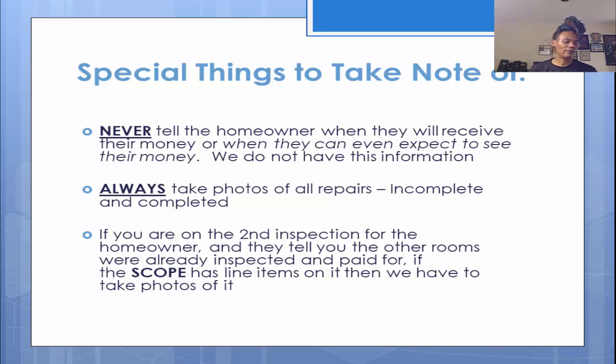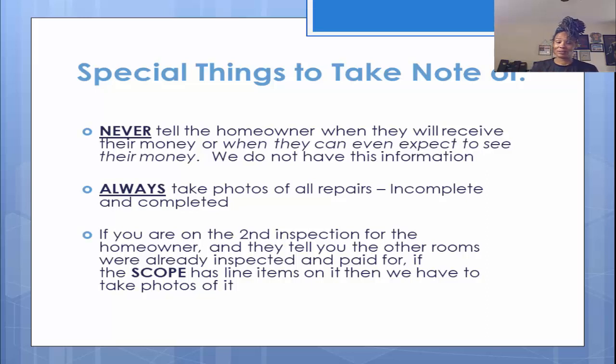If this is your second inspection for the homeowner, because a lot of times we'll have to go out one, two, three times or more, and they tell you that the other rooms were already inspected and paid for, sometimes they'll do that.